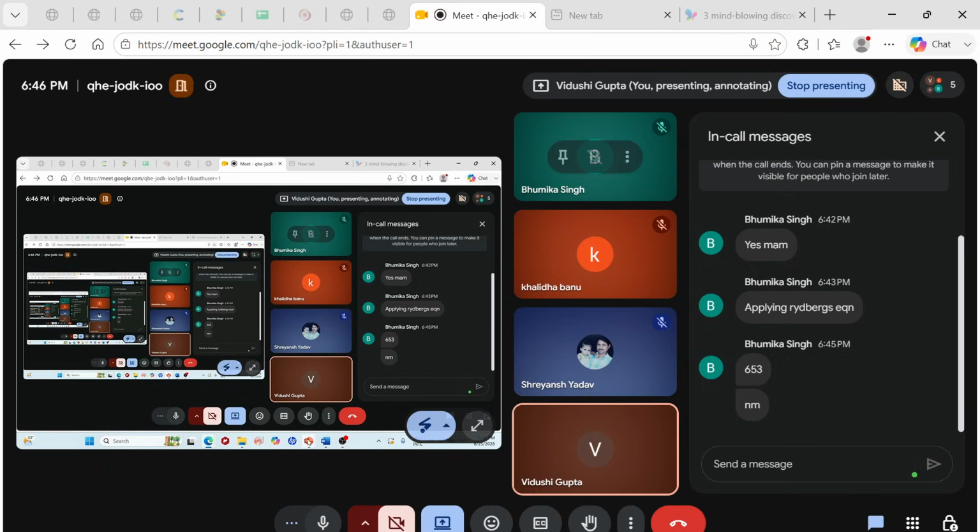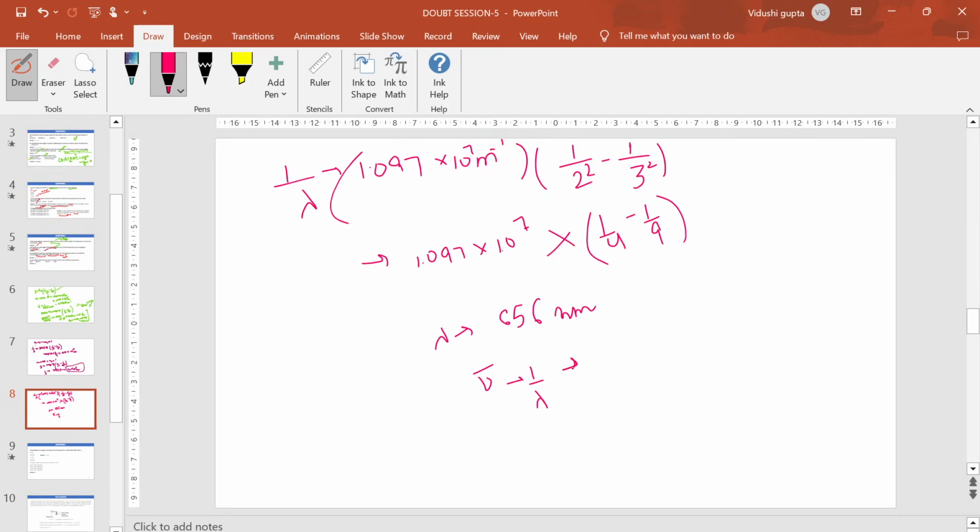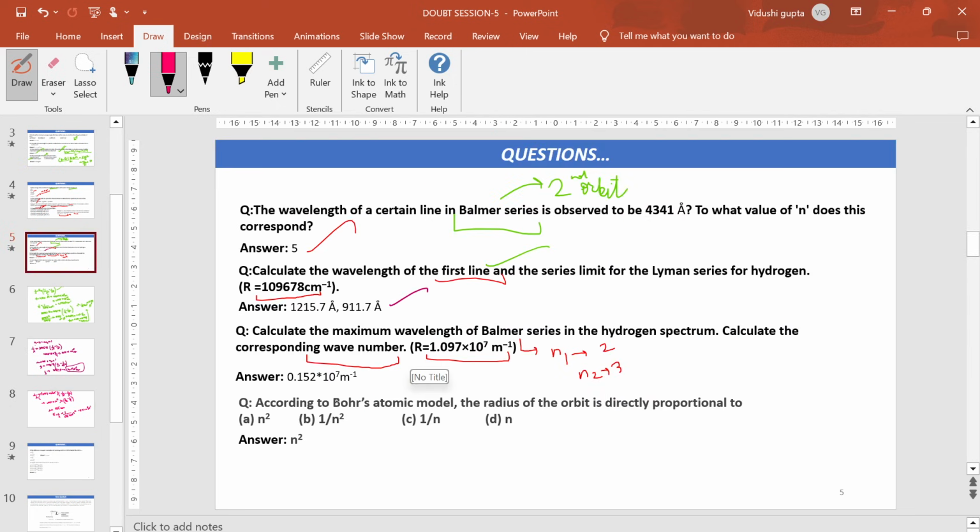So 1 upon 656 into 10 minus 9 meter. After solving it, it will be 1.5 into 10 raised to the 6 per meter, or 0.152 into 10 raised to 7.